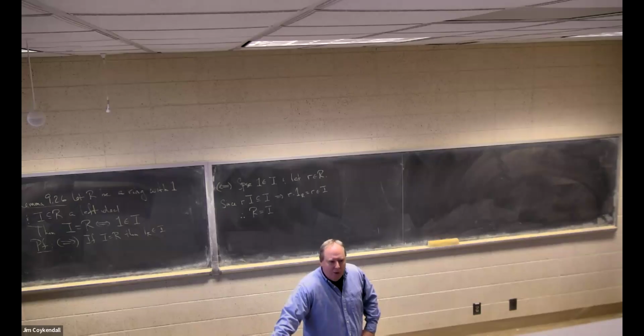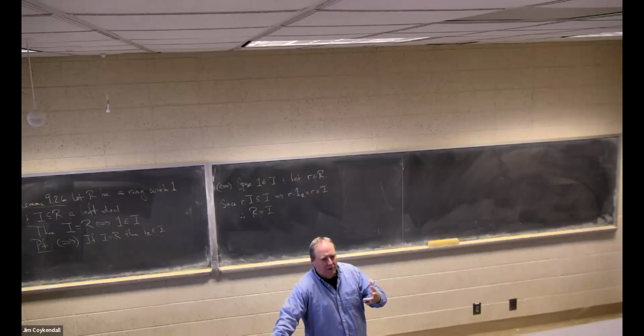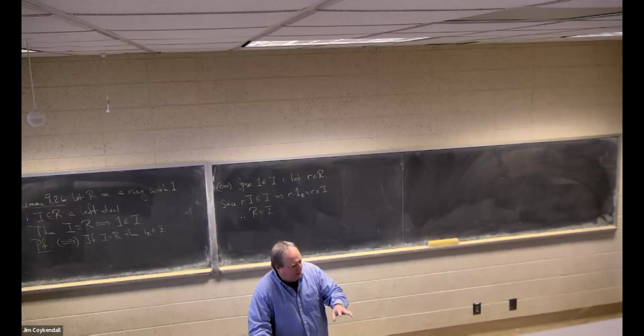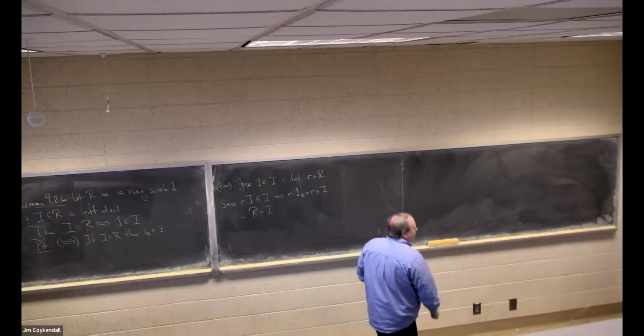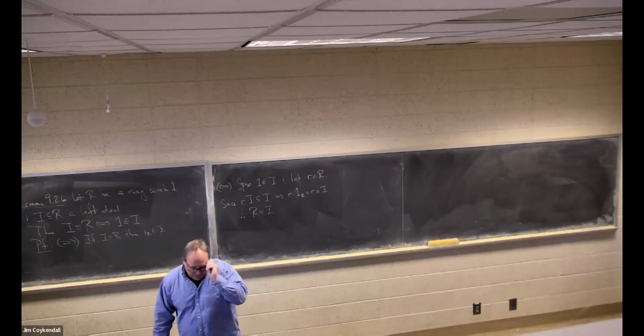And what was the big thing that we could do with normal subgroups? If you had a group G and a subgroup N that's normal, what could you build out of that? You could build a quotient group. That was the big thing, right? And the whole thing with the quotient group was the multiplication had to be well defined. This is what you can do for ideals as well, and it's very analogous.